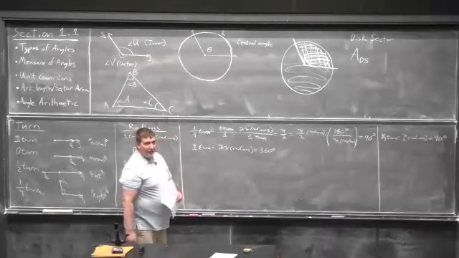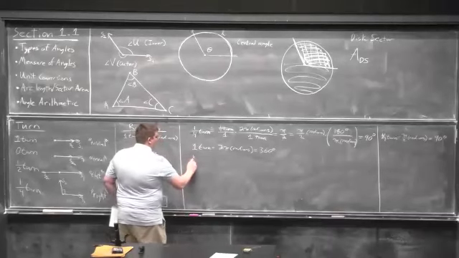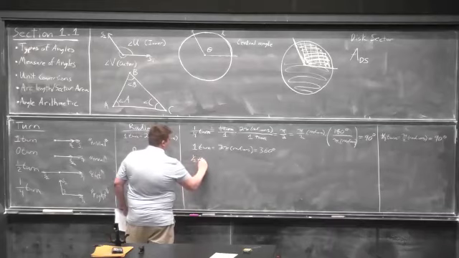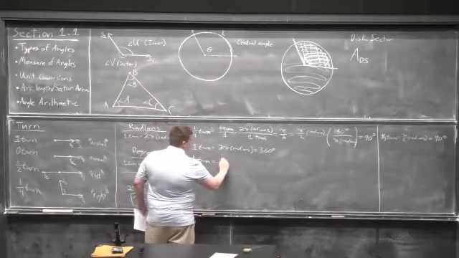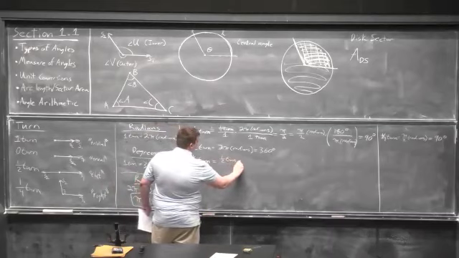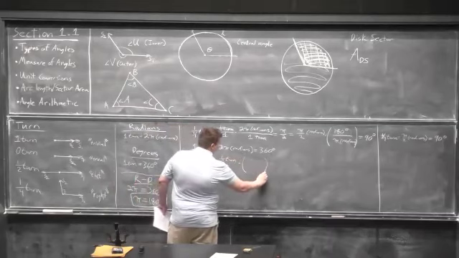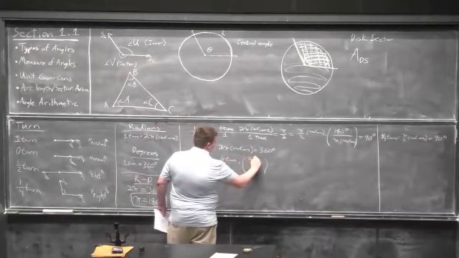Well, let's do a half now. 1/2 turn is equal to 1/2 turn times 2 pi radians over 1 turn.